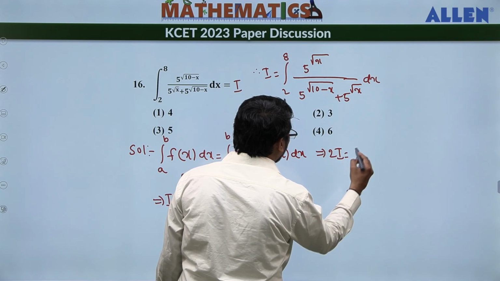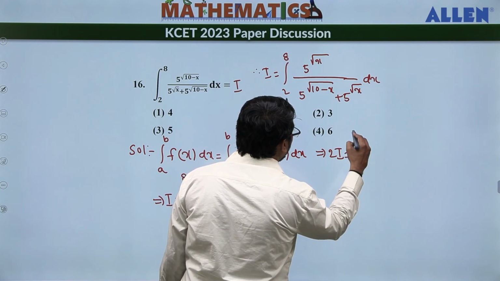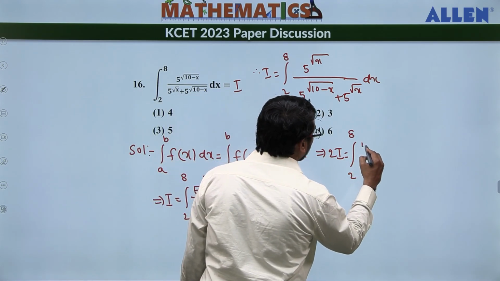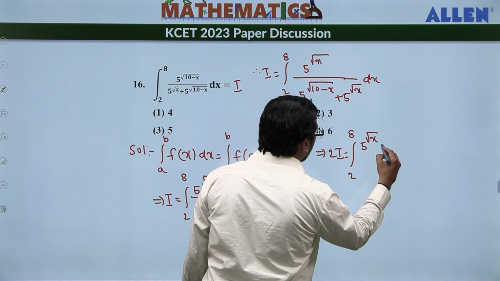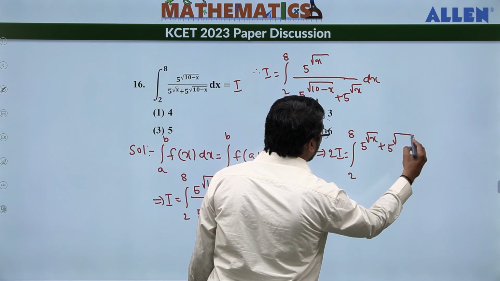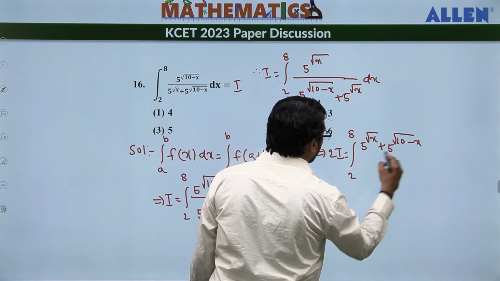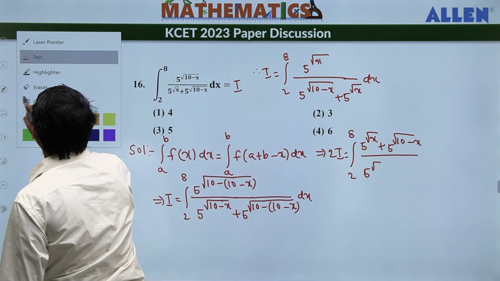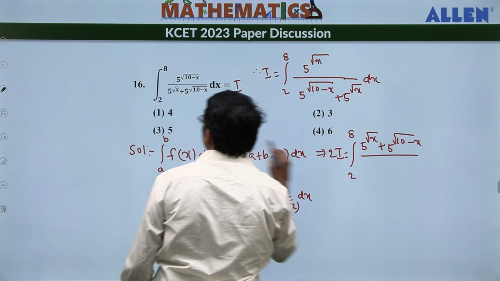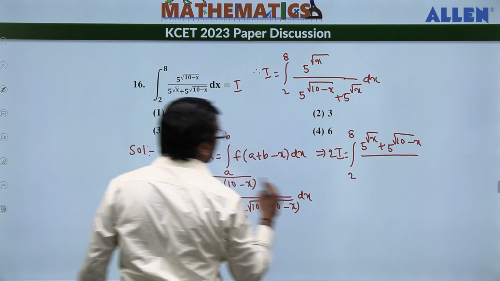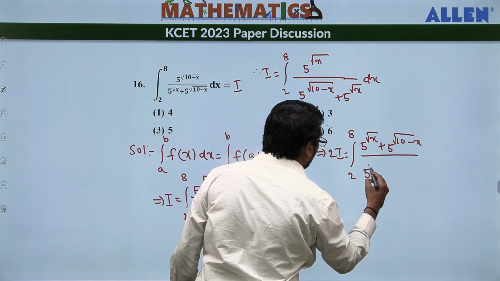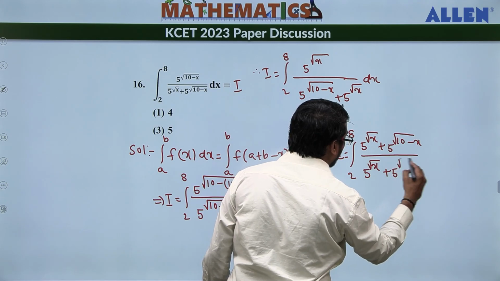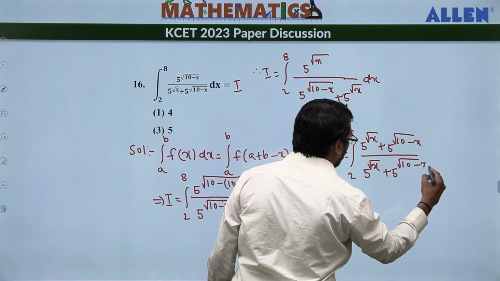2I is integral 2 to 8 of 5 to the power root x plus 5 to the power root of 10 minus x, divided by 5 to the power root x plus 5 to the power root of 10 minus x.